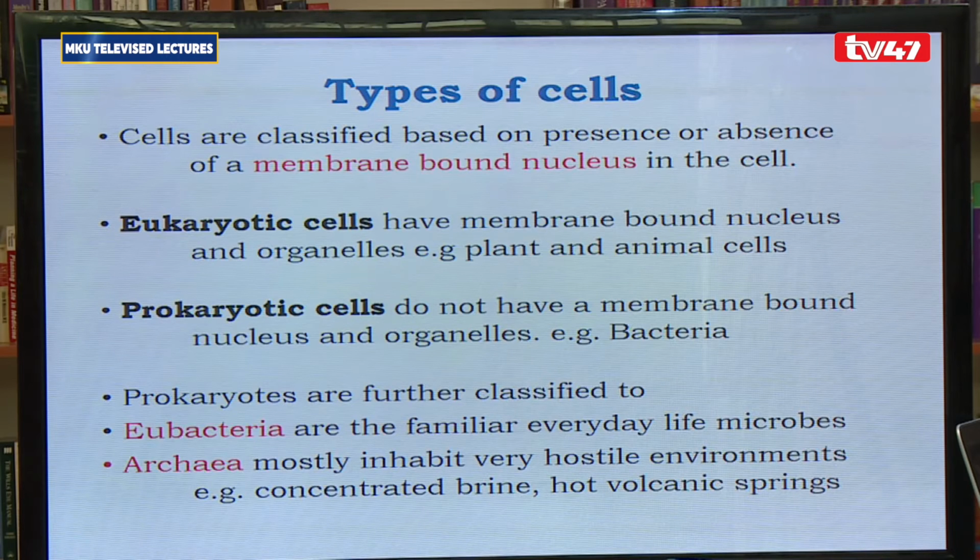These are like the bottom of the sea where oxygen is lacking, in hot springs where we have very high temperature, in things like the cow's stomach where maybe it is acidic, and in concentrated brine, which is very salty water. Now this is interesting because cells normally survive under certain conditions. And these conditions are considered harsh because something like high temperature will cause denaturation of things like proteins within the cell, and it will cause the death of the cell.